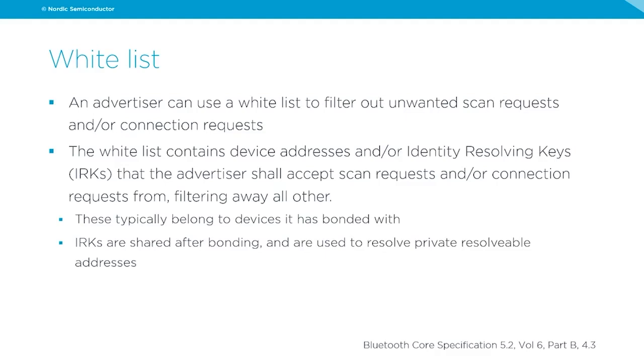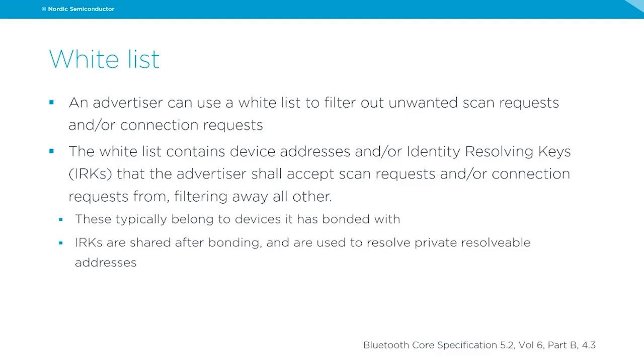The whitelist contains the device addresses or identity resolving keys (IRKs) that the advertiser shall accept scan requests and/or connection requests from. So all other requests from other centrals or scanners will be filtered out, and you will not respond to those scanners.